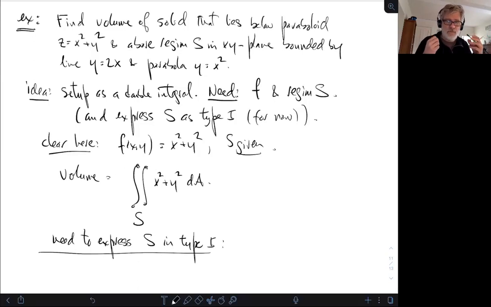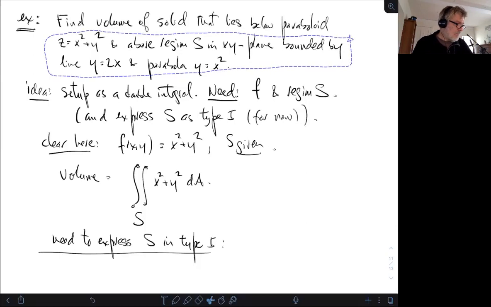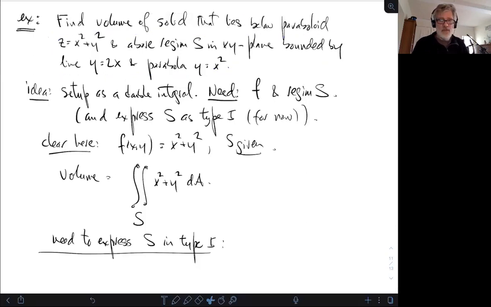You have to manage the region, and once you've done that, then you integrate. But that's usually the thing you have to figure out. Okay, so what is this region we're given? It's actually something, I think this is even in a problem from Calc 2 where you have to actually find the area of this region.